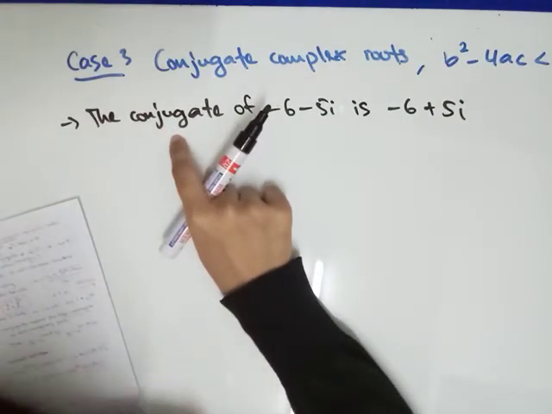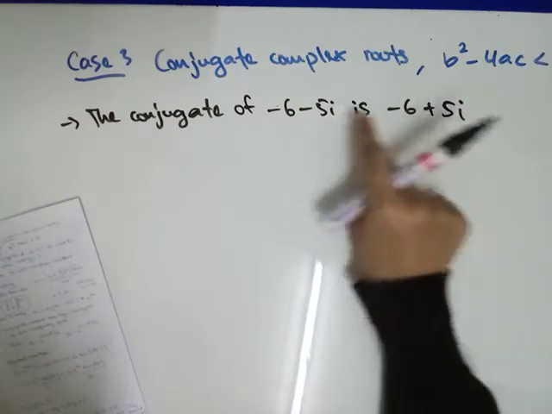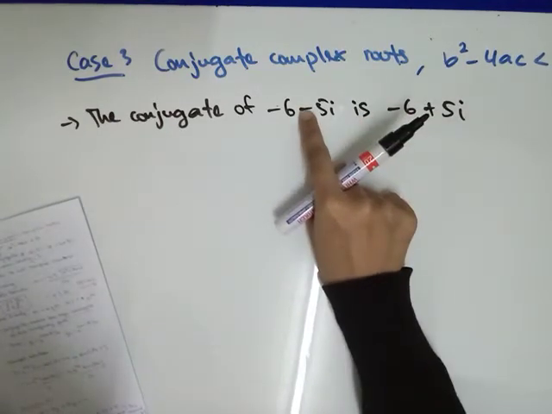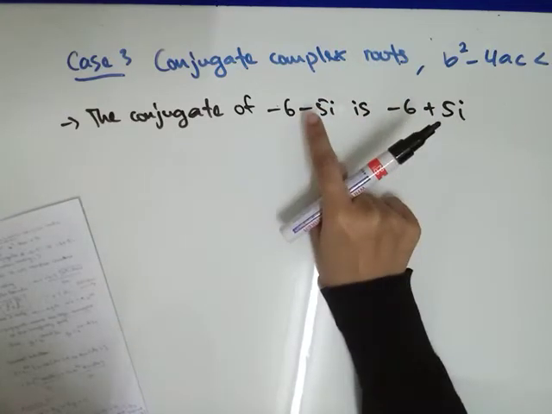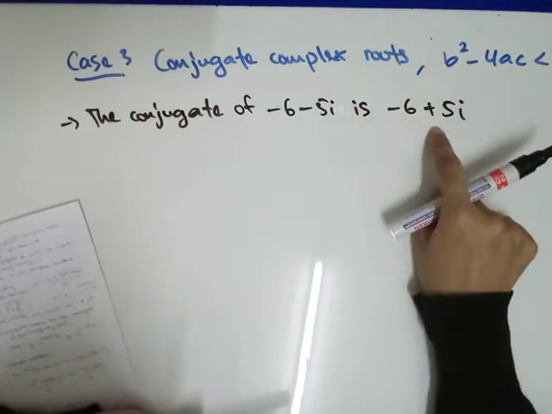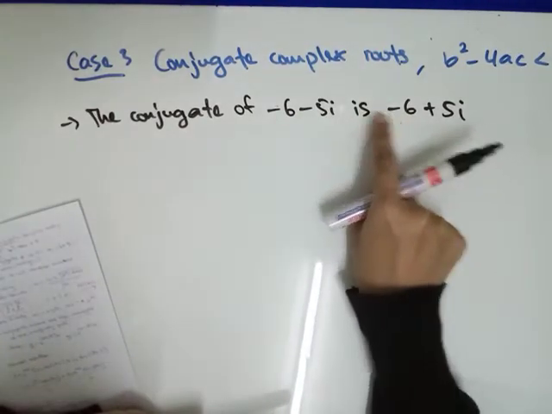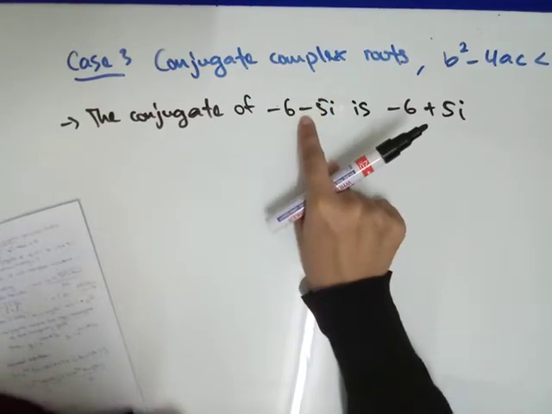Conjugate means we need to change the sign of the imaginary part, from negative to positive, or if we have positive here, it will become negative. For the real part, it is fixed. Kekalkan dia. Yang berubah sign dia is the imaginary part.